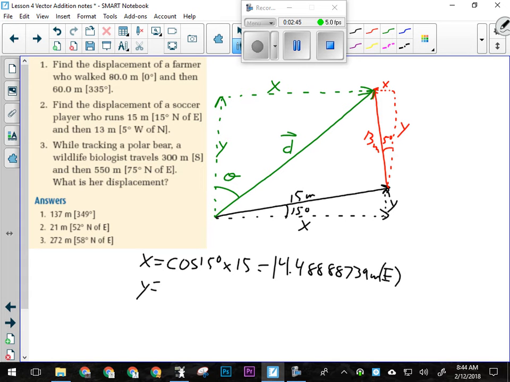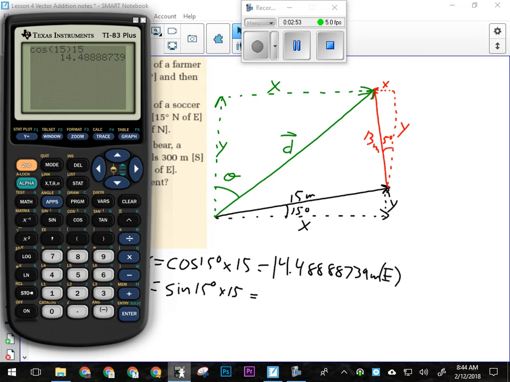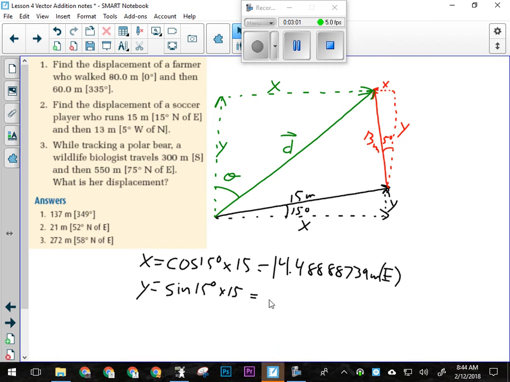All right, black y is the opposite side, so I'm going to go sine of 15 times 15 meters. So this would be pretty small. All right, so that's going to be 3.8822 meters, and that is going to be north.